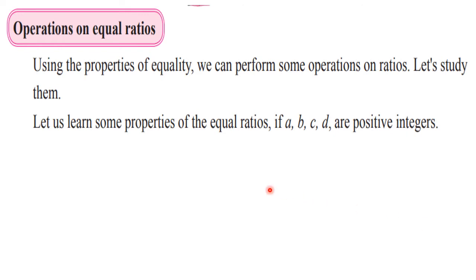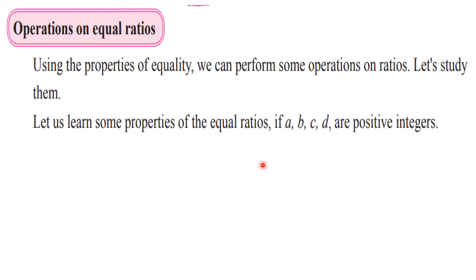So here, by using the properties of equality, you know that when we use equal to signs, when we write two sides, LHS and RHS, and in between if we have equal to sign, we call it an equation.